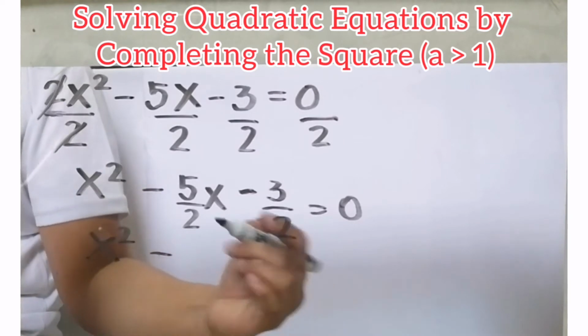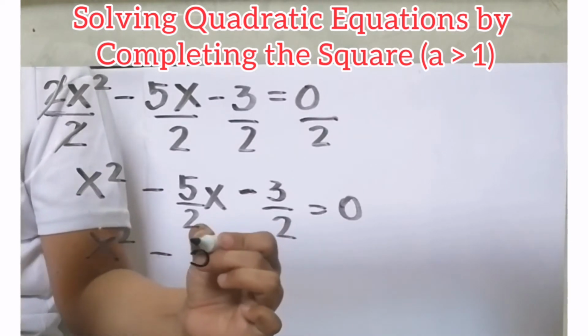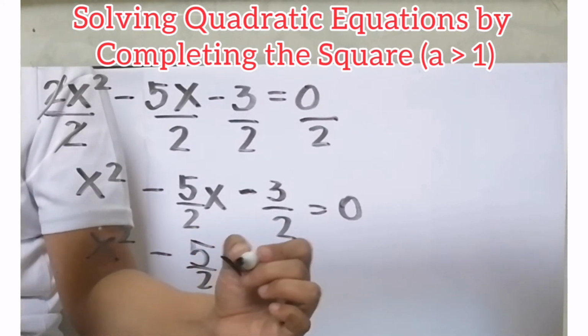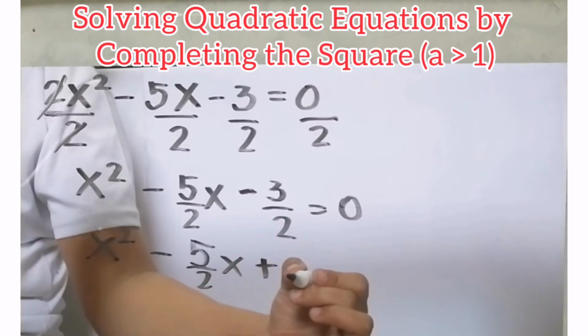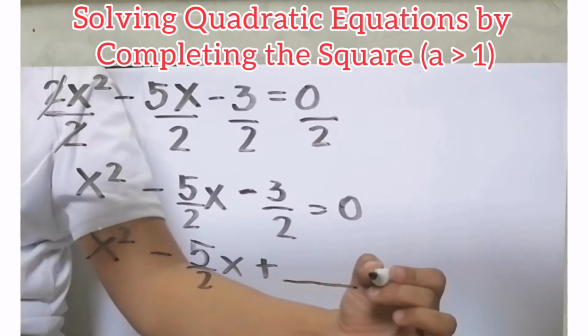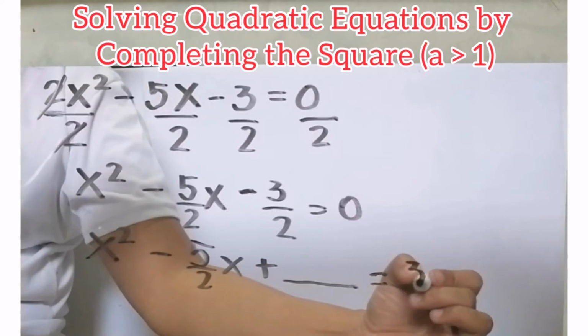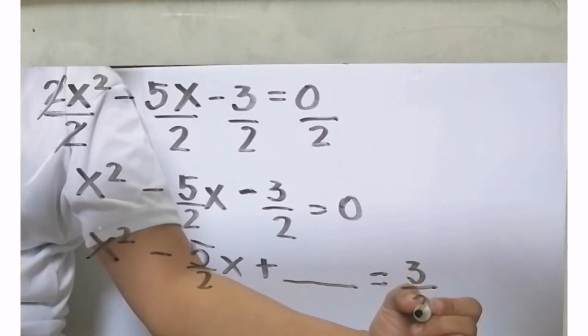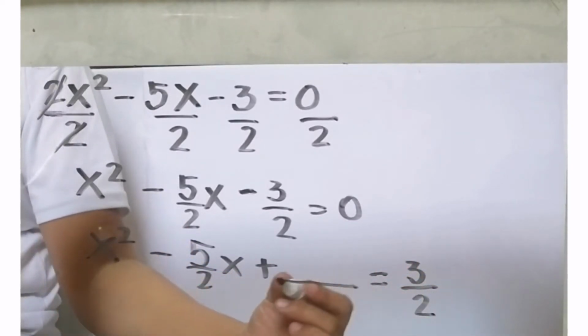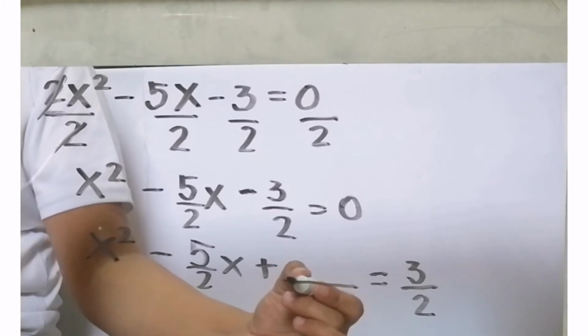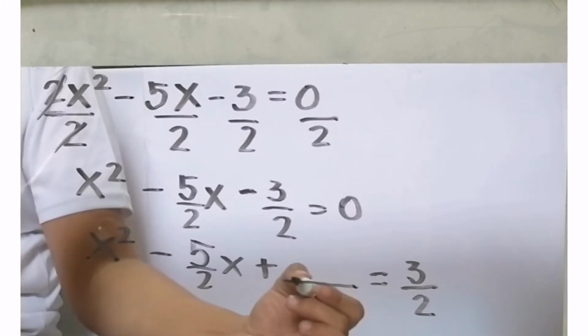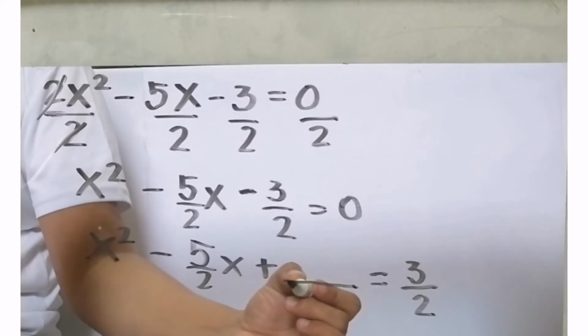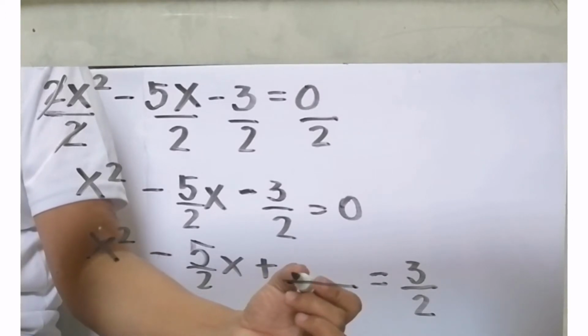Or pwede namang, ang gawin na lang natin, tanggalin dyan si negative 3 halves at gawing positive 3 halves sa right side of the equation. Mag-aabang tayo ng isang term dito, place para sa ating completing the square.